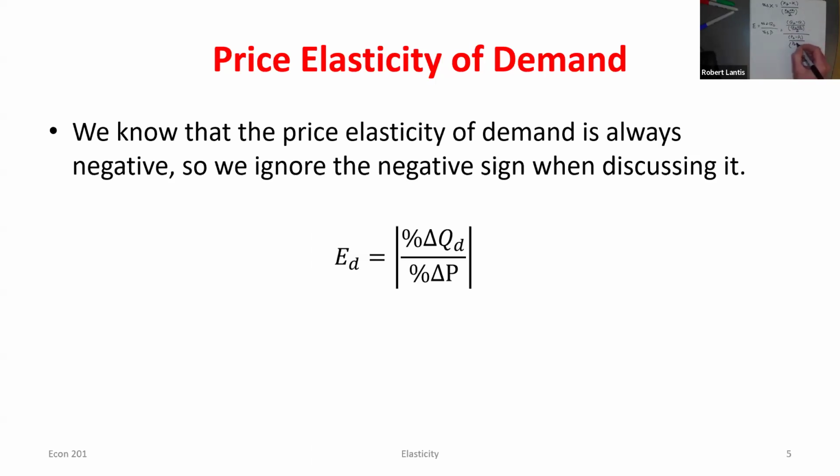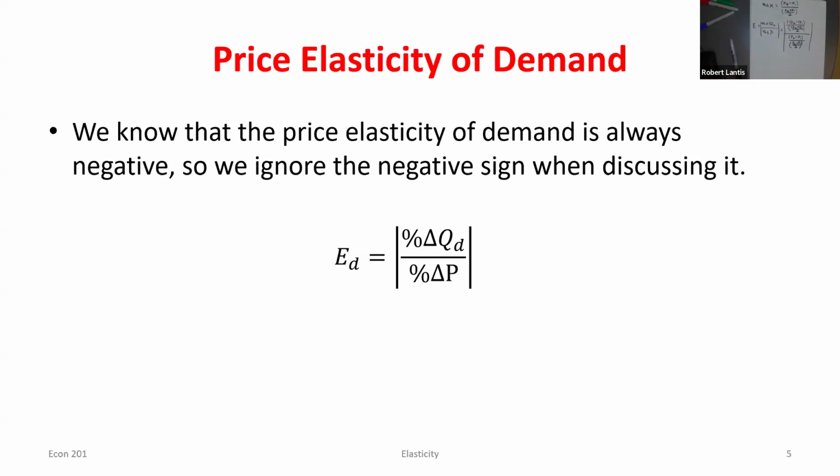And then divide that by the average of those two prices. So when we calculate percentage changes, we take the change between those 2 points and divide it by the average of those 2 points. And we've got 2 percentage changes in our elasticity. Also, what did I forget here? Yeah, I got lazy. Absolute value. Okay.